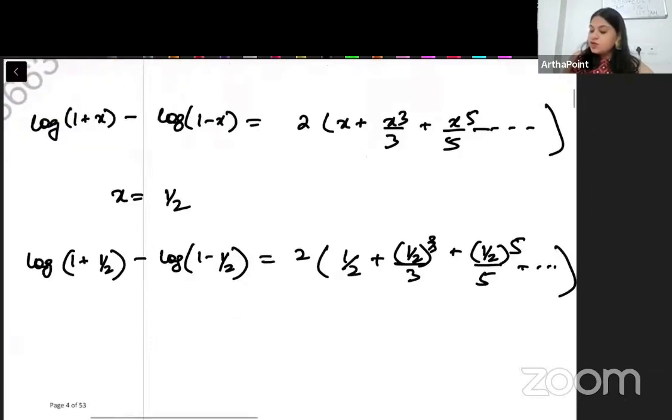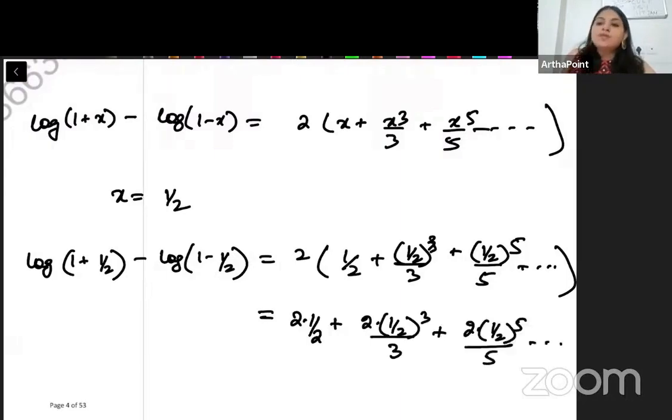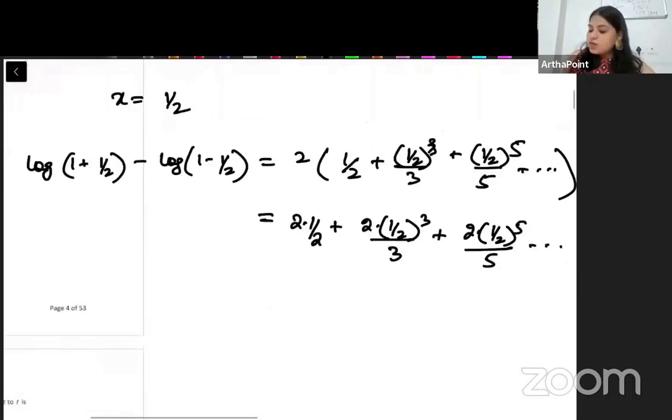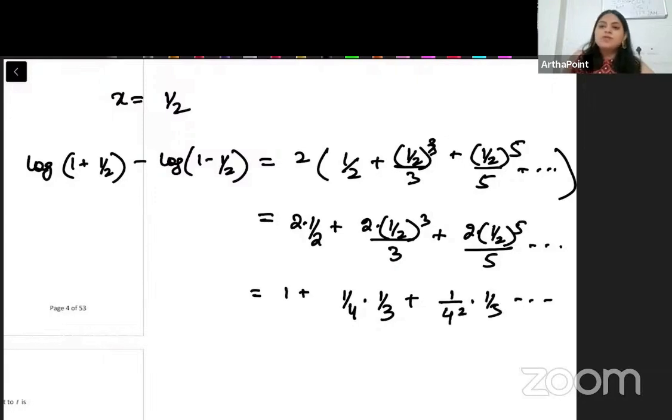So if you start solving this, this will be 2 into half plus 2 into 1 by 2 cube by 3 plus 2 into 1 by 2 to the power 5 by 5 and so on. So this side you will get 1 plus 1 by 2 square, which is 1 by 4, into 1 by 3 plus 1 by 2 to the power 4, which will be 1 by 4 square, into 1 by 5 and so on.